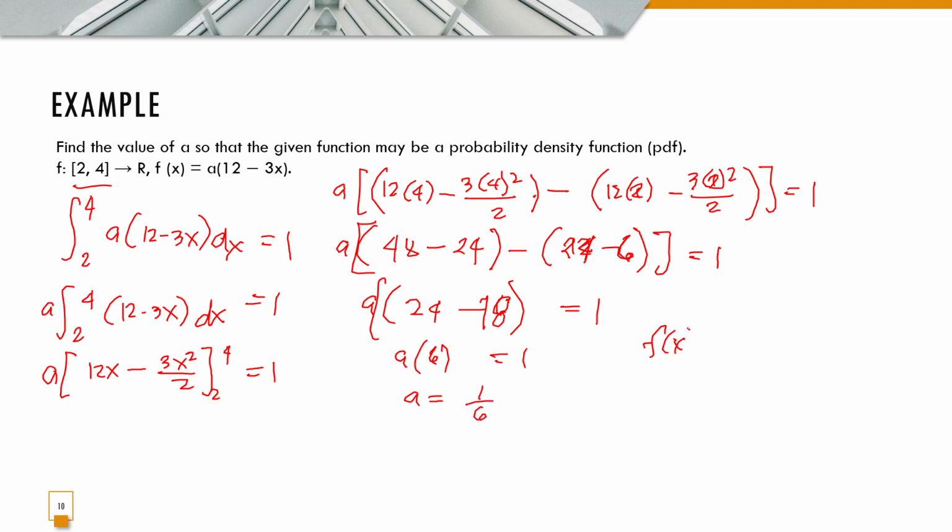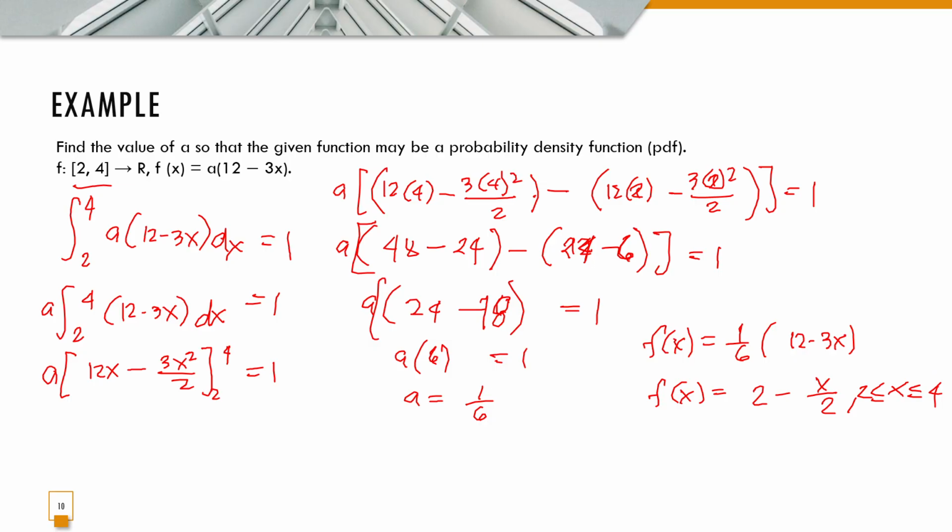So therefore the function is equal to 1 over 6 times 12 minus 3x. So f of x is equal to 2 minus x over 2, with the interval x greater than 2 but less than 4.